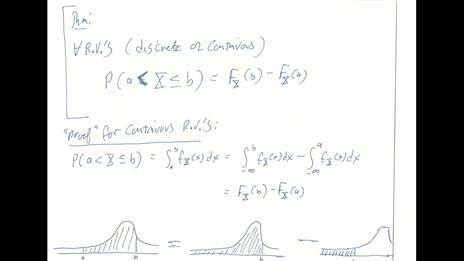So if you take the middle picture and subtract out the far right-hand picture, you would be left with the picture on the left there. It's like taking the middle image and chopping off the tail to the left of a and being left with just the region between a and b. So that's the idea in the second equality in our proof, and the third equality is just the definition of the cumulative distribution function.